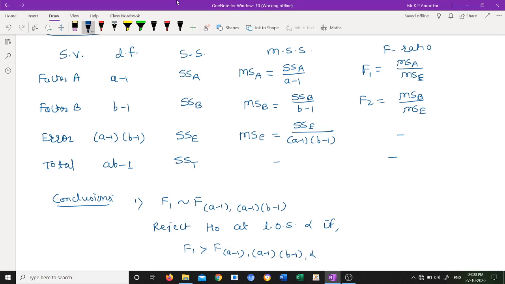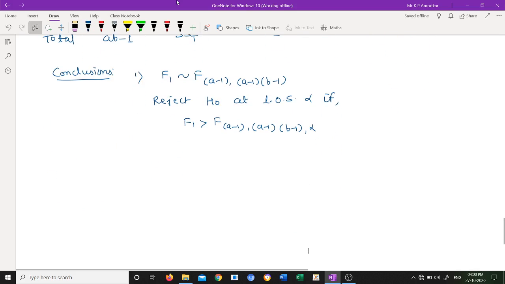Similarly, second, F2 follows F distribution with B minus 1 comma A minus 1 into B minus 1 degrees of freedom.